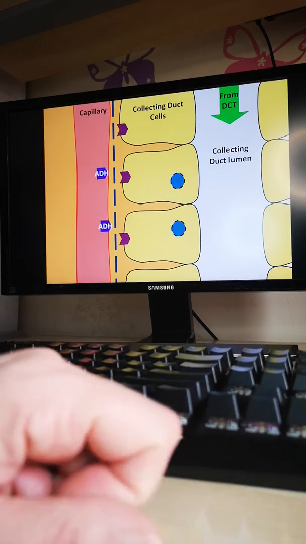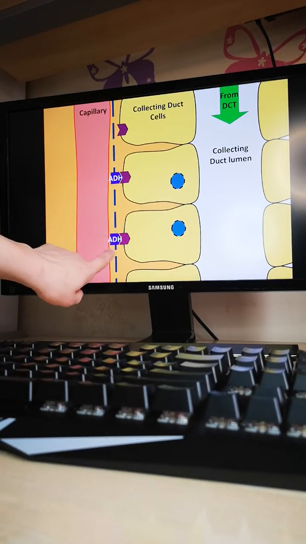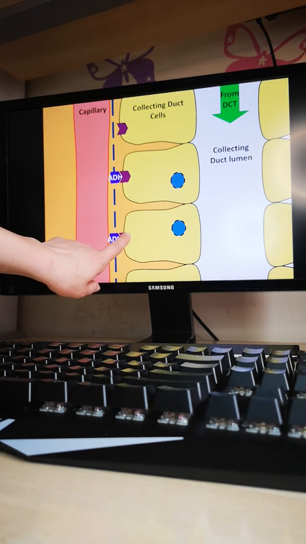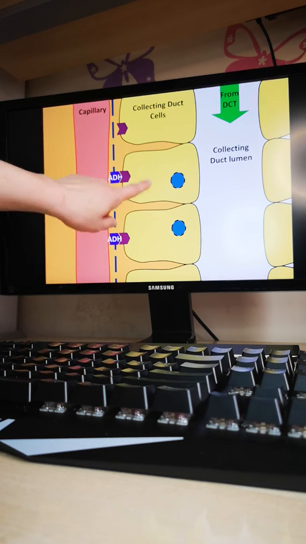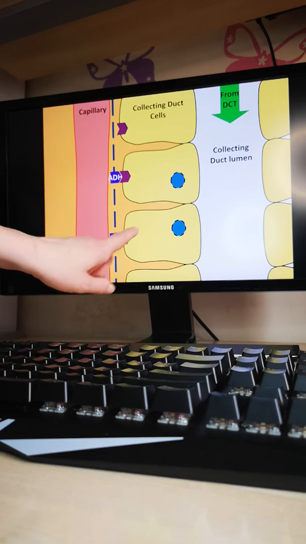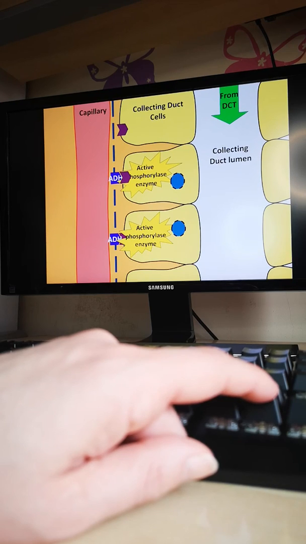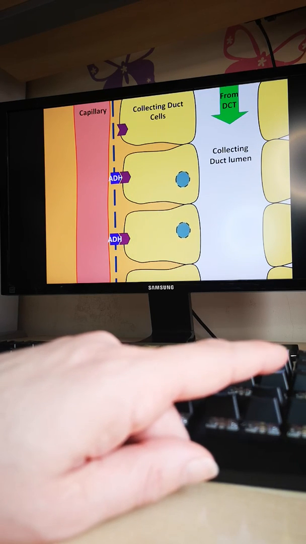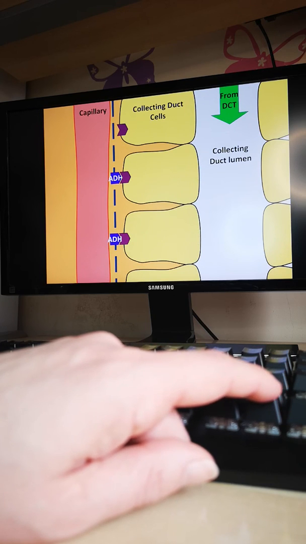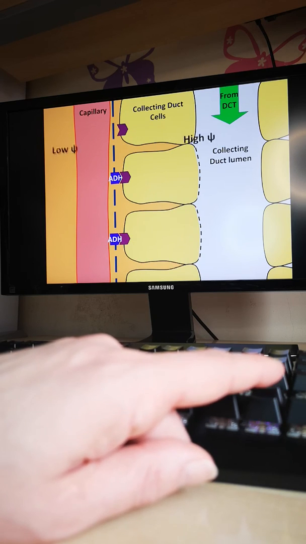There it is. You can see in this, I like this animation, that it shows a specific and complementary relationship between the protein in the cell membrane of the collecting duct cells and the ADH itself. So that activates the phosphorylase enzyme, and that causes the vesicles containing the aquaporins to move to the membrane, causing the membranes to become more permeable.